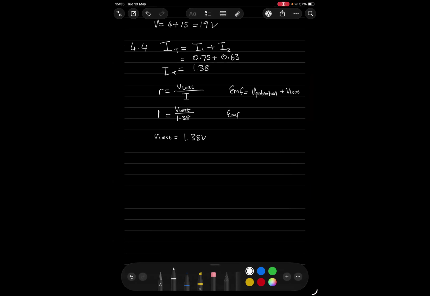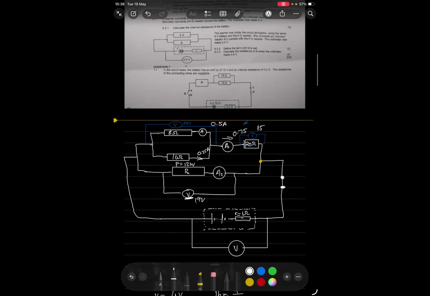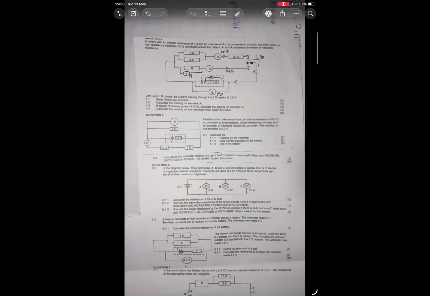Then EMF is going to be 19 plus 1.38. Then the EMF is going to be how much? 20.38 volts.